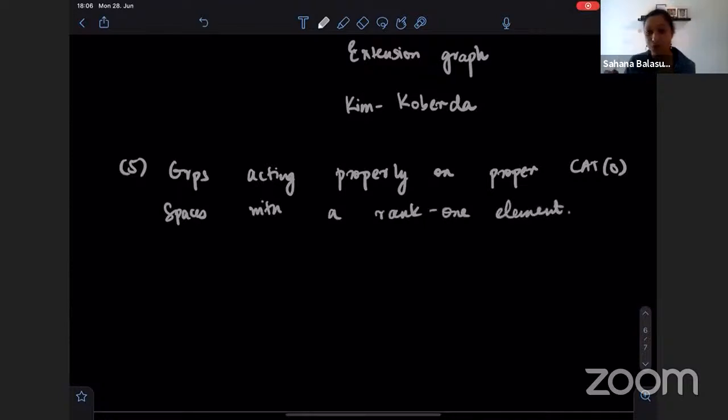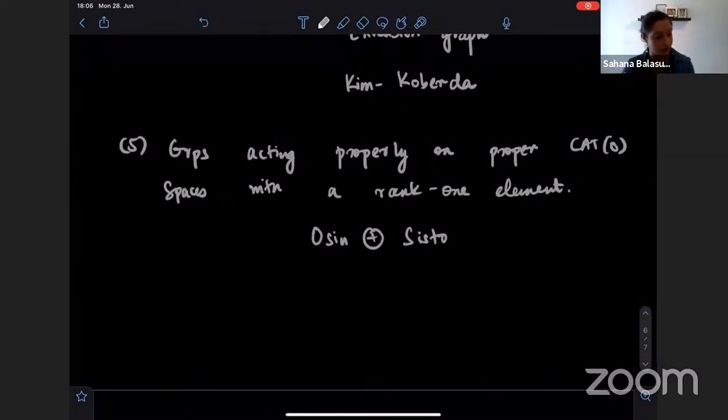And don't get too nervous because of the words rank 1 element. This is a version of loxodromics for CAT(0) spaces. And if your group has such an action, it is acylindrically hyperbolic. And you can derive this by combining the work of Denis Osin and Alessandro Sisto. You have to use results that both of them have proven. And when you mesh those two together, you can get this result.